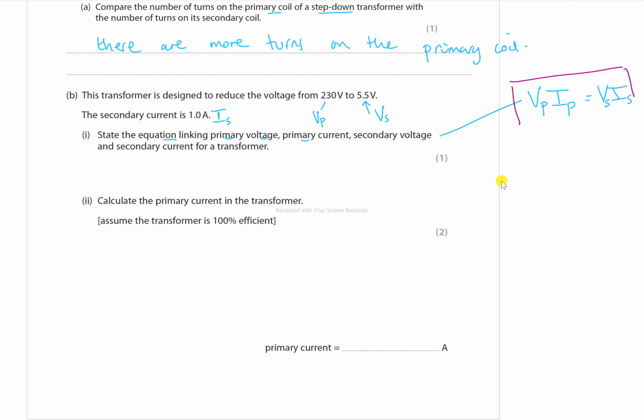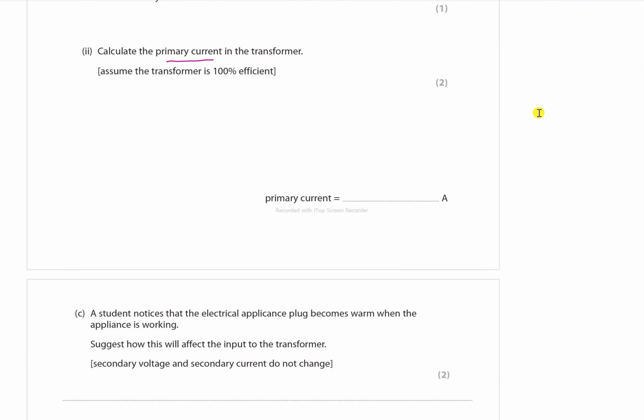We've done it there. Right, calculate the primary current. So we're assuming it's 100% efficient. There's no loss of thermal energy or electrical energy or any energy. So we know, we said V primary, I primary equals V secondary, I secondary.